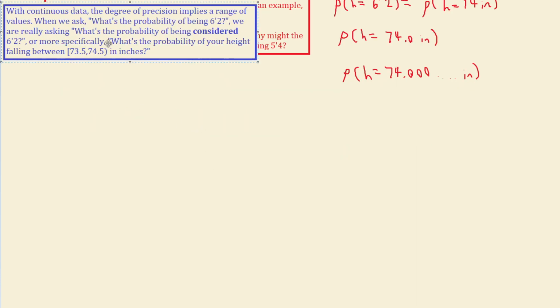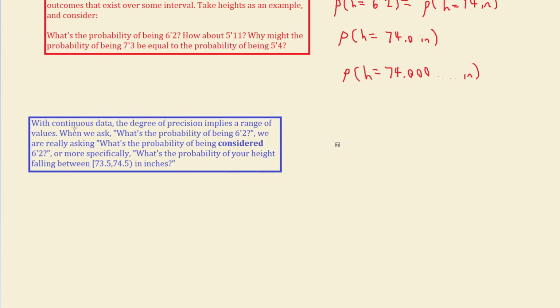When we're rounding our heights to these whole number integers, we're actually implying a range of values. So when we ask what's the probability of being 6'2", we're really asking what's the probability of being considered 6'2". Specifically, since we're rounding to whole number integers, what we're asking is what's the probability of your height falling between 73.5 inclusive and 74.5 exclusive inches.